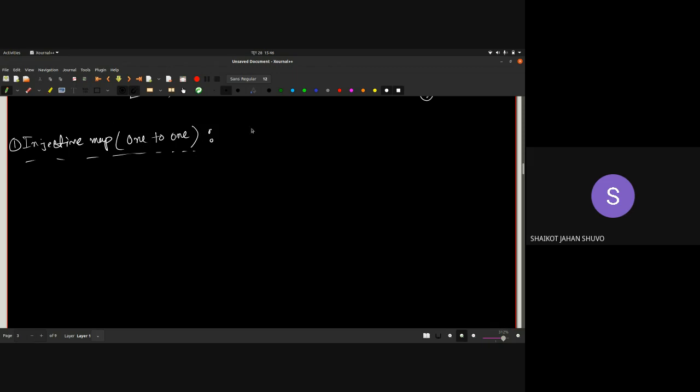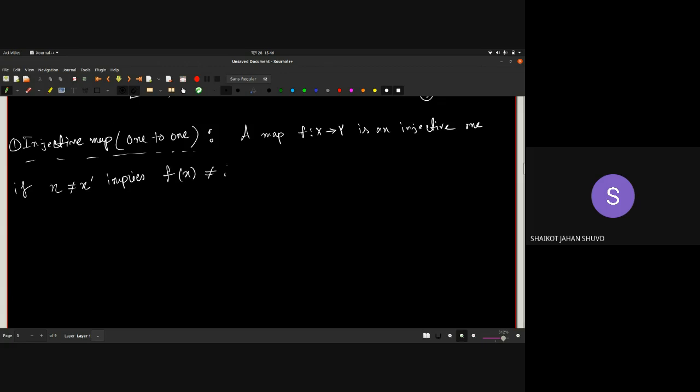The definition is that a map f from X to Y is an injective one if x not equal to x prime implies that f of x is not equal to f of x prime.